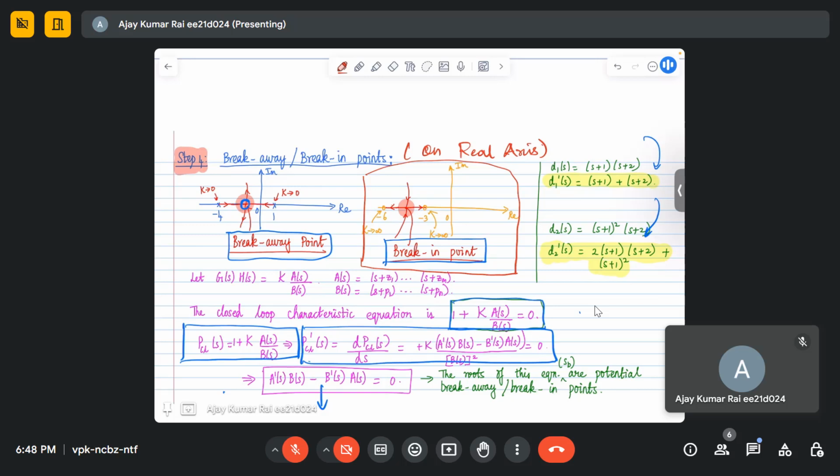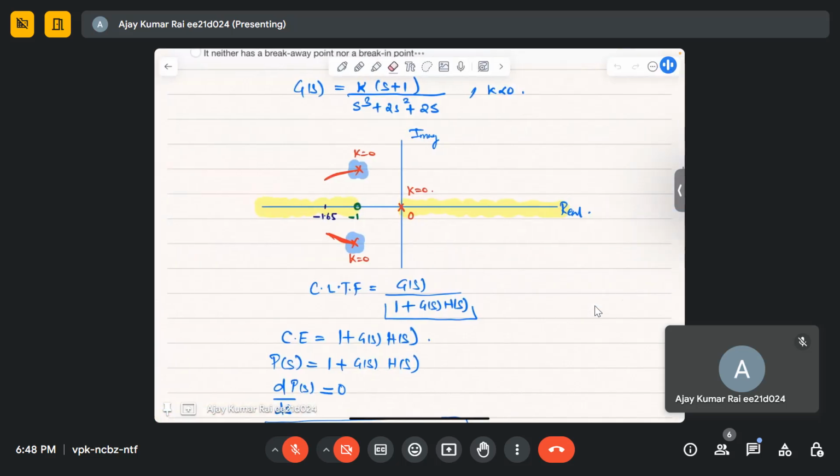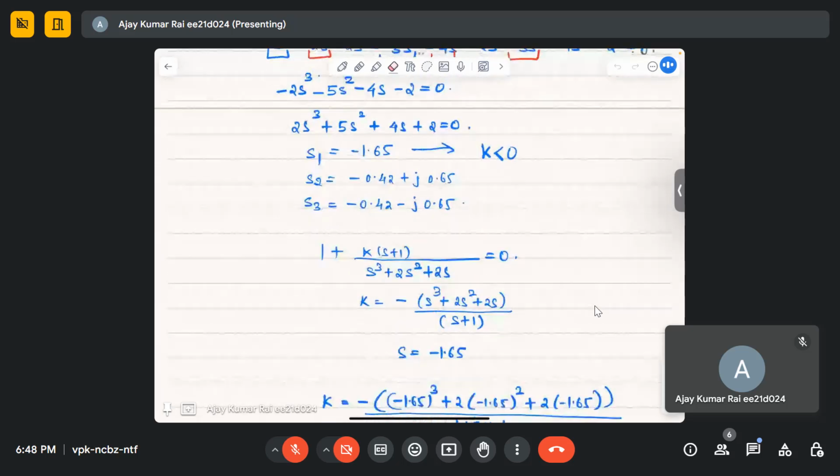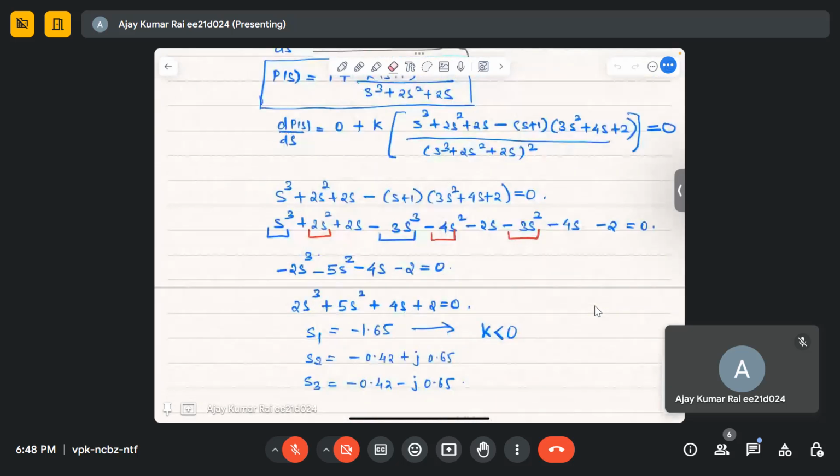So at one point they will meet. That point is the break-in point. You see the situation here. That's why I'm calling this a break-in point. And we have also confirmed k is negative, so that's why this is a break-in point.